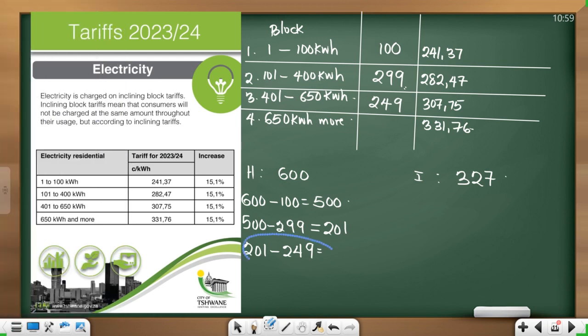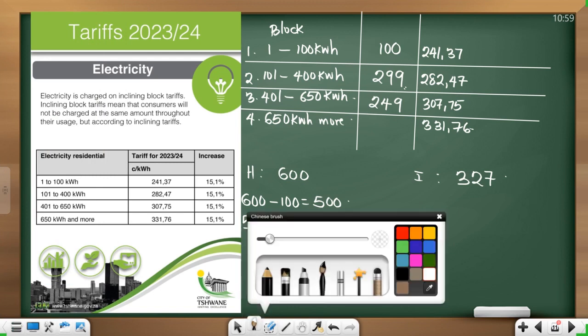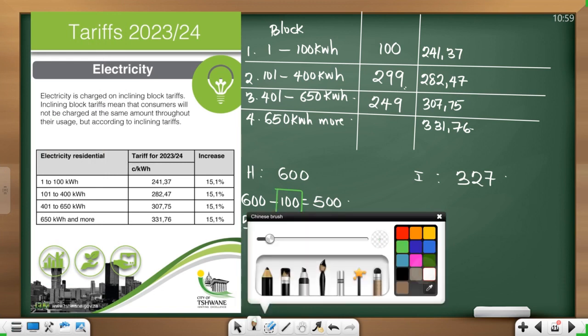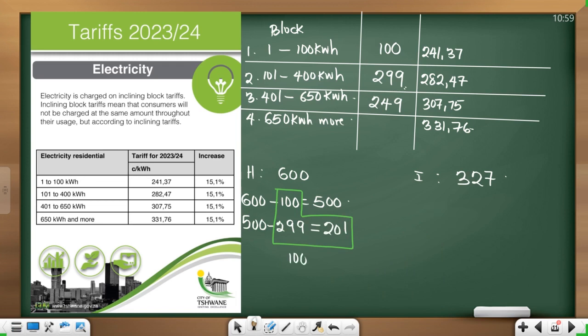What do I do? I stop and I clean that. What are my blocks? 100, 299, and 201. I hope that makes sense.